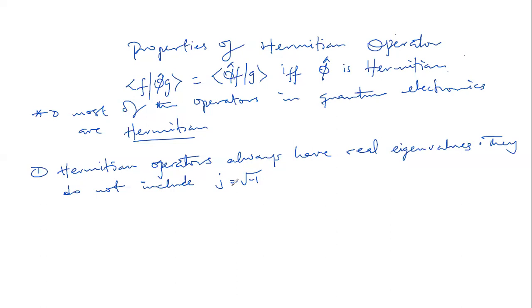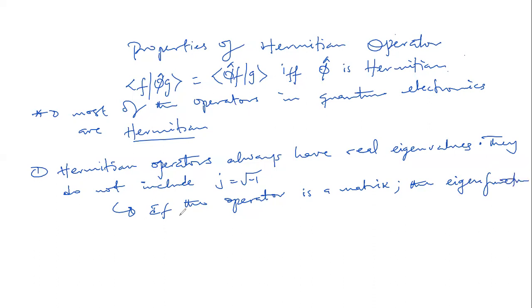So here you will know that should the operator be a matrix, then the eigenfunction or the eigenvector may be complex, okay? So if, for instance, the operator is a matrix, then the eigenfunction, or better still, the eigenvector may be complex, okay?